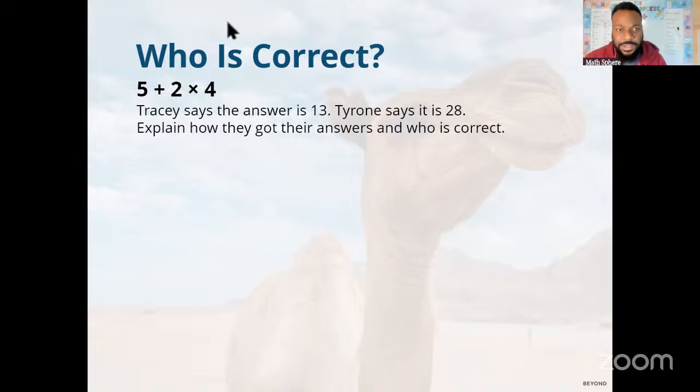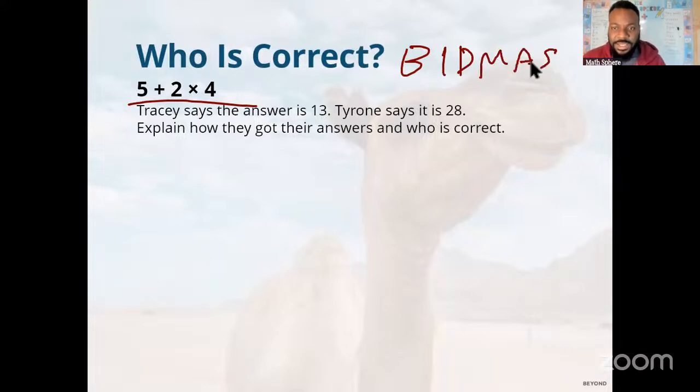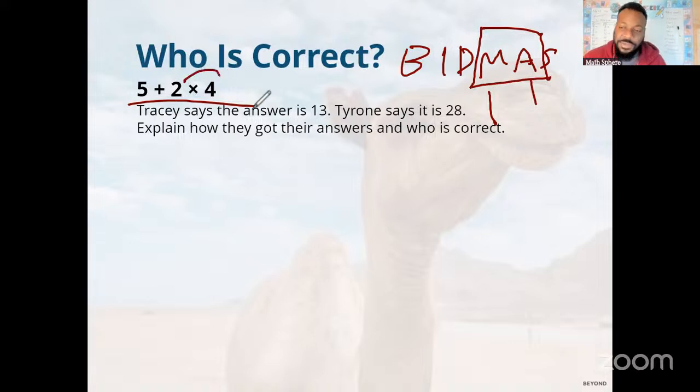Okay. So let me get my annotation. There we go. So knowing our BIDMAS, just write out BIDMAS. We know we want to deal with multiplication first in priority because we've got a multiplication and an addition. So we want to do it in this order of priority. So we're going to do 2 times 4 first, which gives us 8.